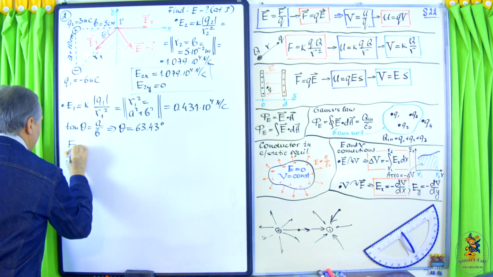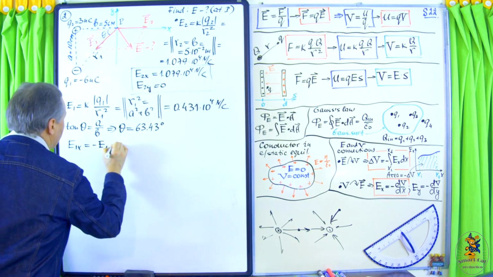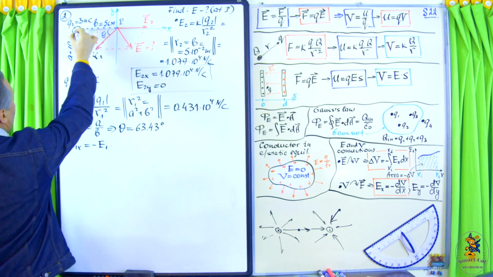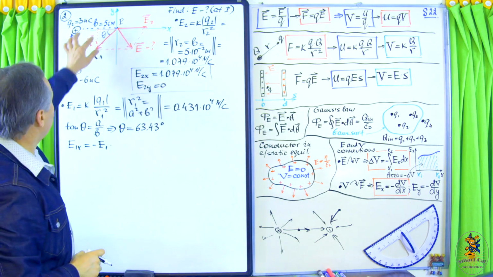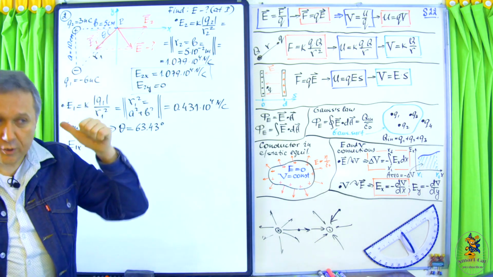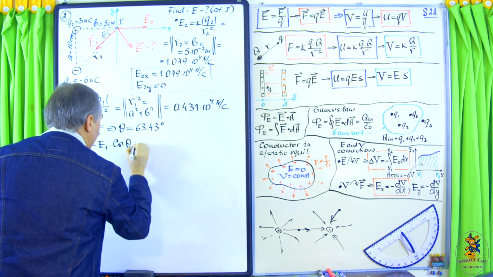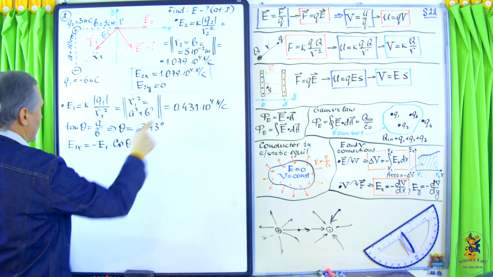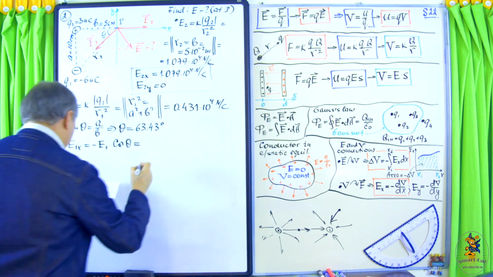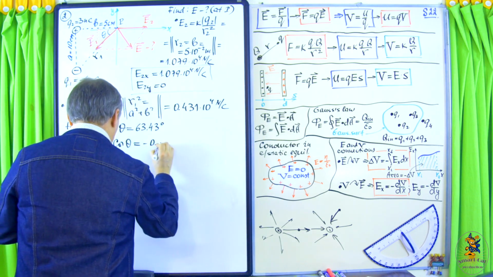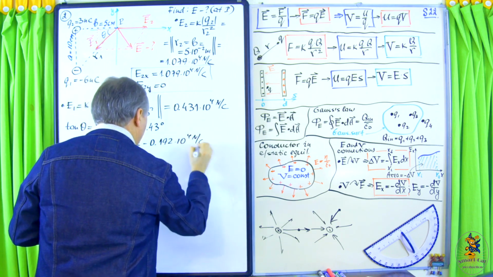So now let's write E1x equals minus the value of E1 times, since this component is adjacent to the chosen angle theta, we need to use the cosine function, cosine of theta. So E1 times this angle, you can multiply, and the answer is going to be minus 0.192 times 10 to the power of 4 newtons per coulomb.